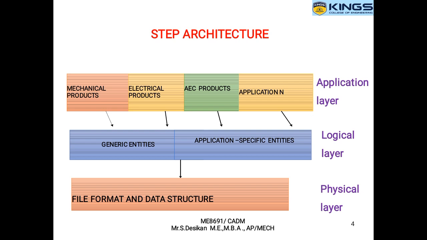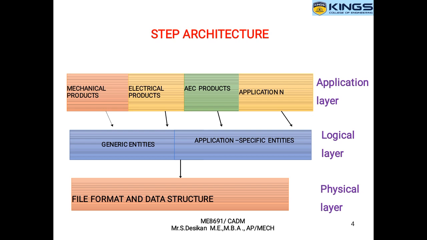So this is the basic STEP architecture given in the unit. Before going further, how is the STEP architecture formed? There are three layers in the STEP architecture. The first is the application layer, the second is the logical layer, and the third is the physical layer.